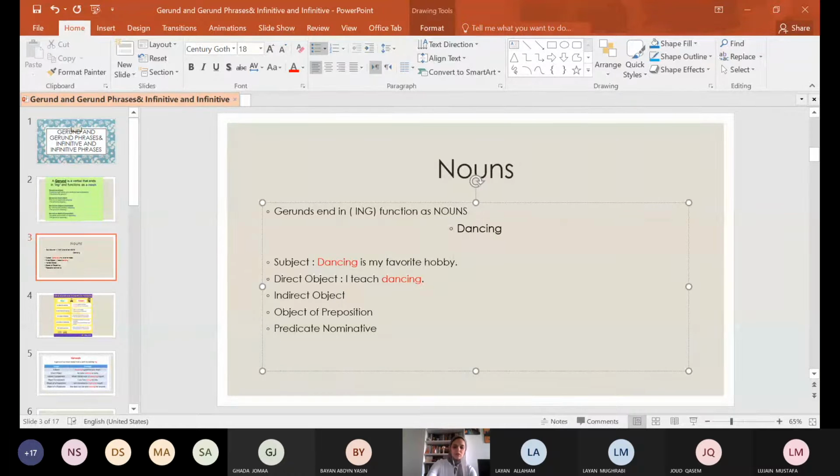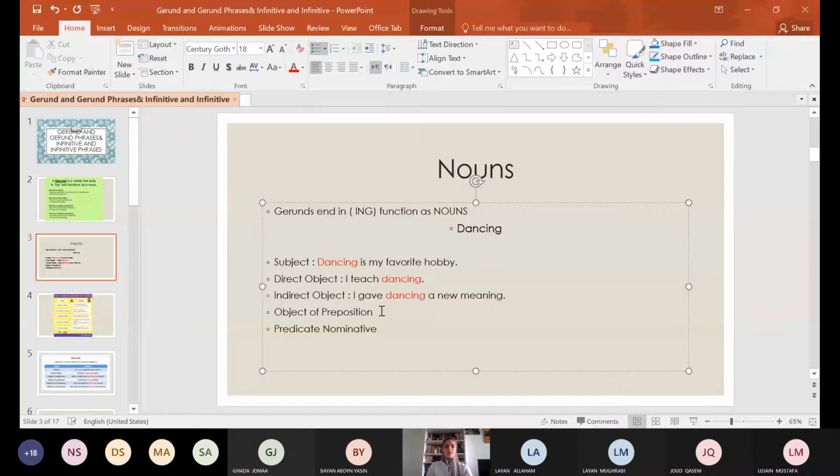Okay, indirect object. I gave dancing a new meaning. Here, I give what? I give a new meaning to what? To dancing. So dancing here is the indirect object. All of that we said before, right, girls? Direct and indirect objects come after an action verb. I teach what? Dancing. And for the indirect object, I give meaning to what?